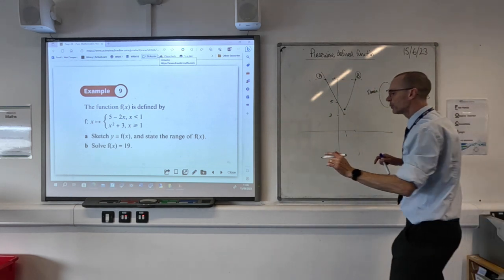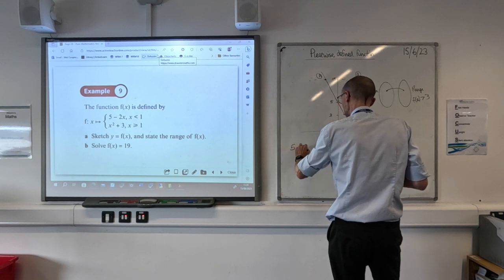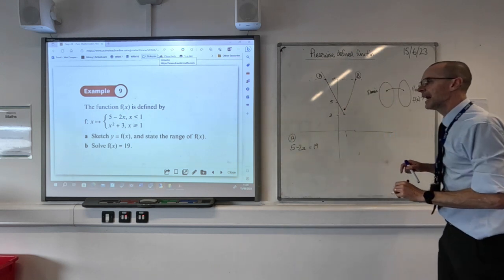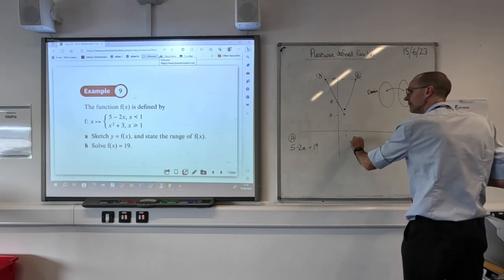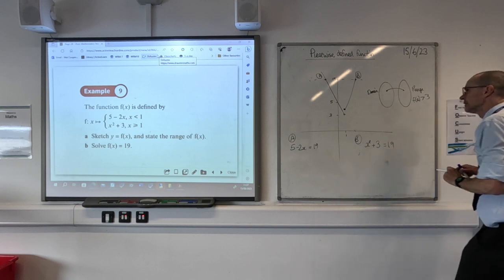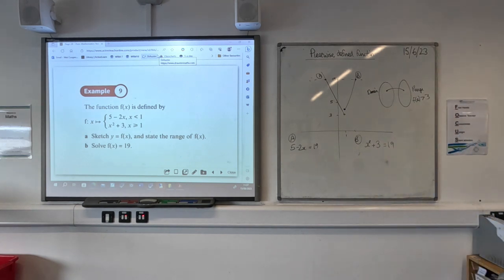So A is where the straight line equals 19, and B is where the parabola equals 19.